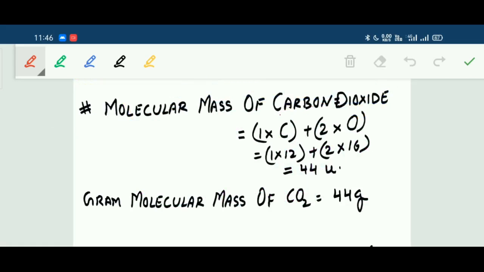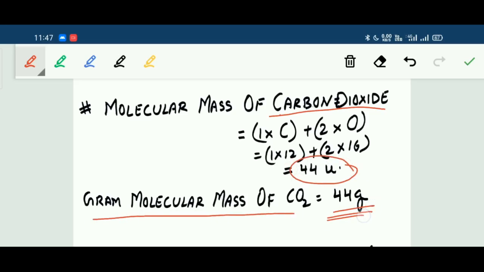For example, we know how to calculate the molecular mass of carbon dioxide. We already have discussed this in previous videos. Now, molecular mass of carbon dioxide will be equal to 44 u. Therefore, gram molecular mass of carbon dioxide will be equal to 44 grams.